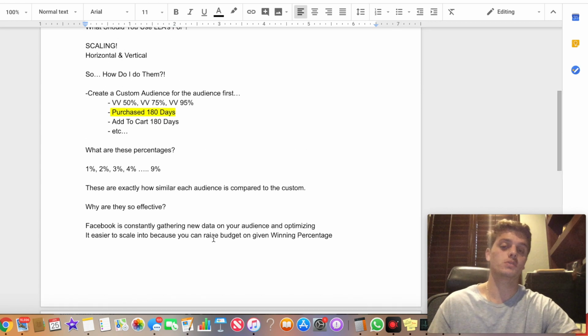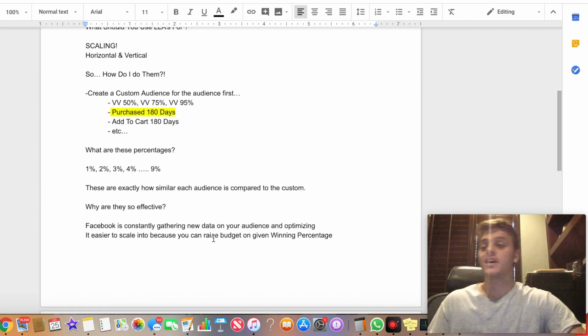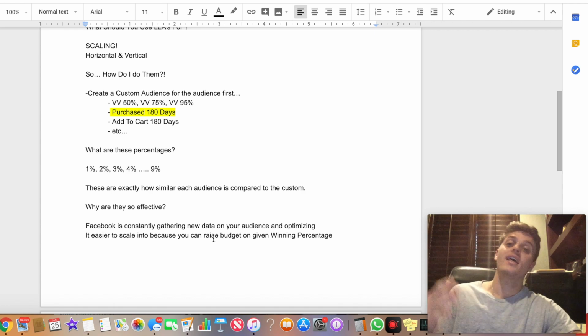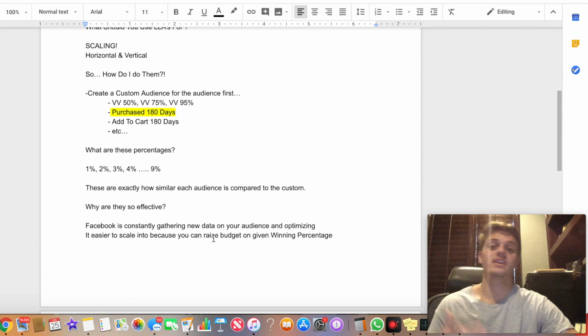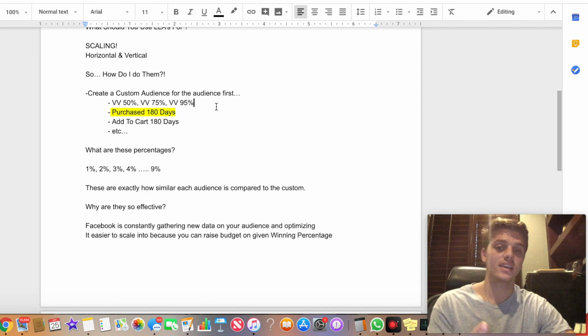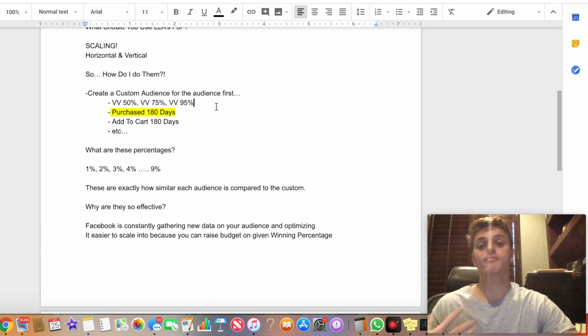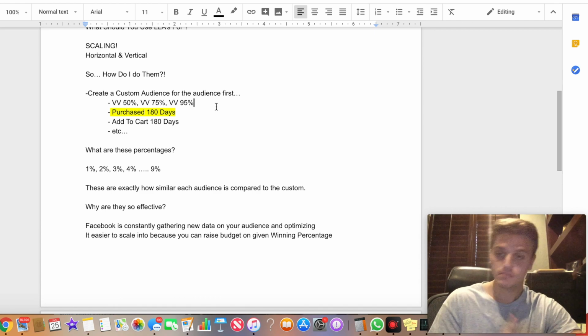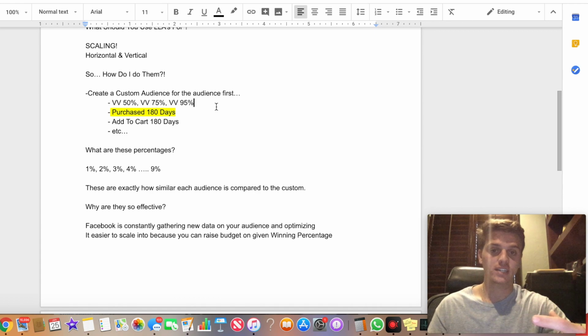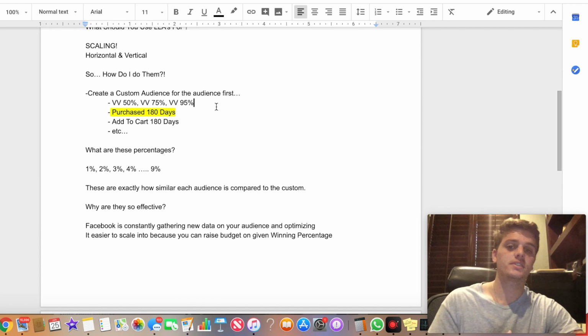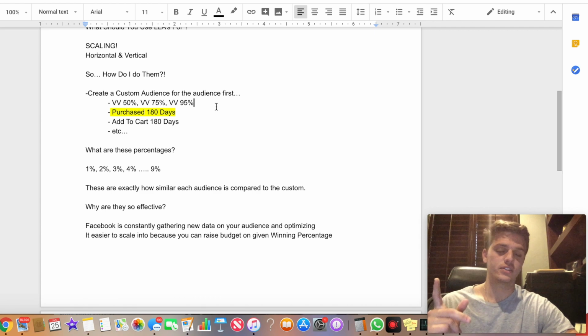And these really prove to be super effective, especially in the scaling process. It's a more advanced technique, but even if you're just starting out, and even if you do have videos that are just going, you can be running these on video views, 50, 75, 95%, and they are super effective. One last thing, make sure when you're running these on purchase conversion objectives, when you're running these lookalikes, that's one key thing to do there.